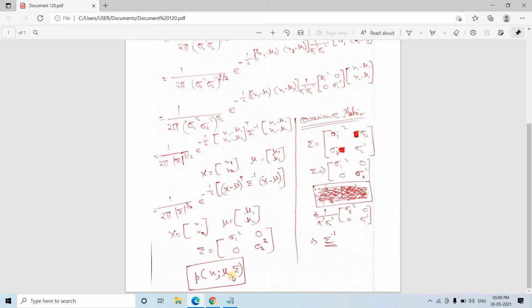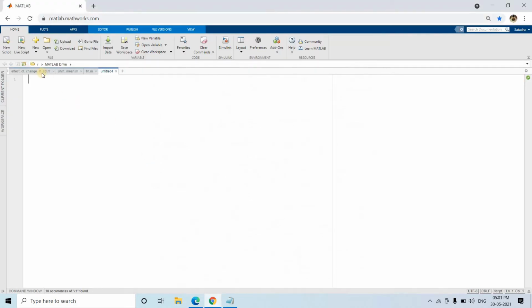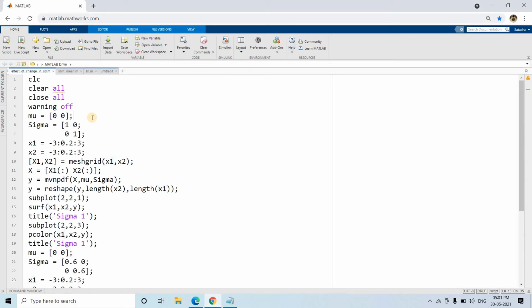Okay, so now let's see how this multivariate Gaussian distribution will look by changing the mean and SD. Let's visualize that. Okay, so here is my first code. The code is very simple: clc, clear all, close all, warning off, taking the mean vector, taking sigma. Here I am considering x2 and x1 independent, so apart from the diagonal all elements are 0.